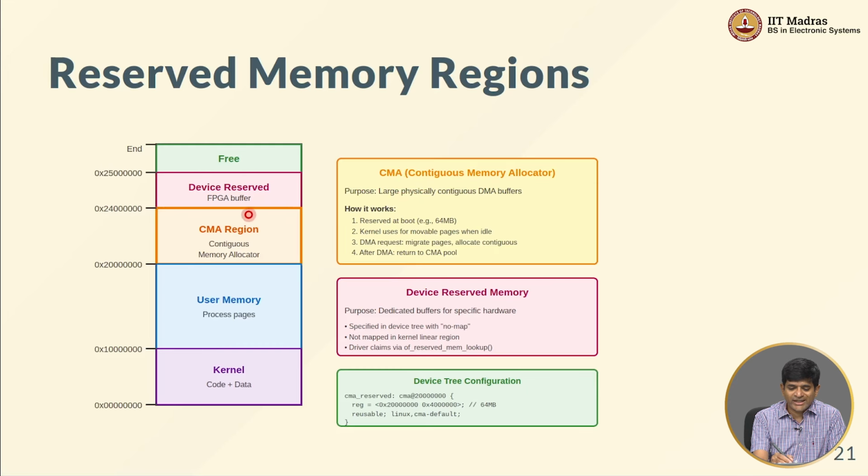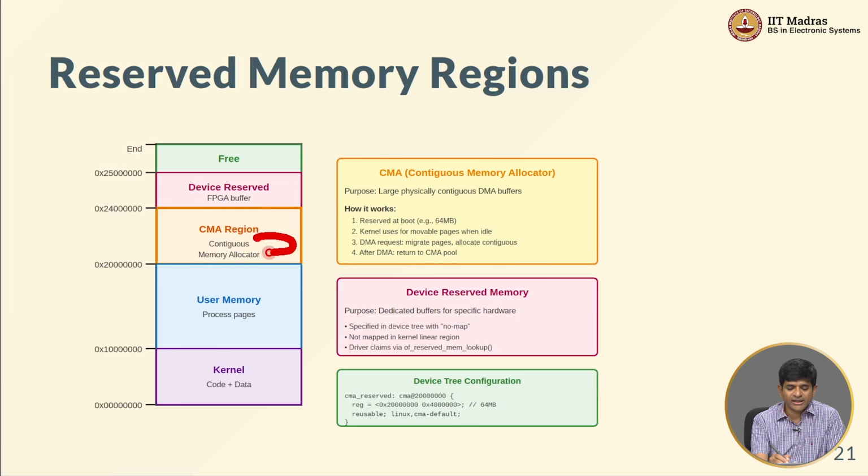So what we do is we take one chunk of memory, typically a few tens of megabytes or so, which is reserved at boot time. This CMA region is usually used specifically for DMA applications. We basically say that if the kernel is using this memory, it has to put only what are called movable pages in there.